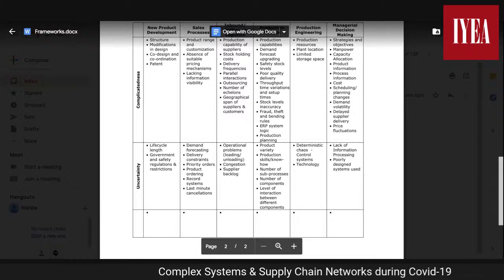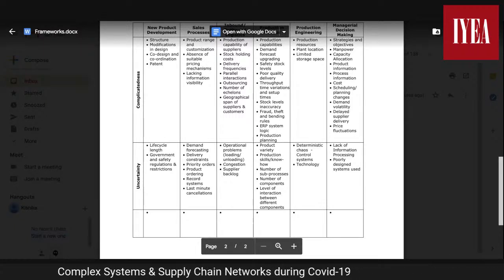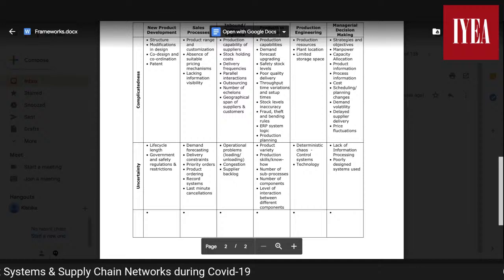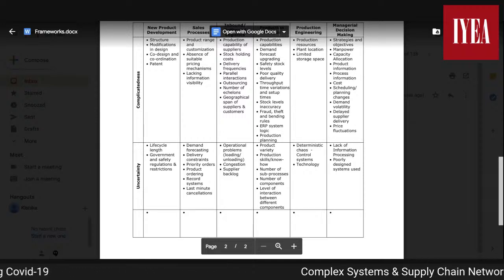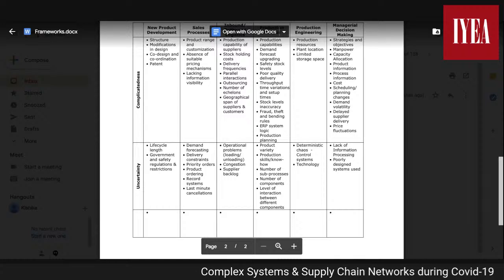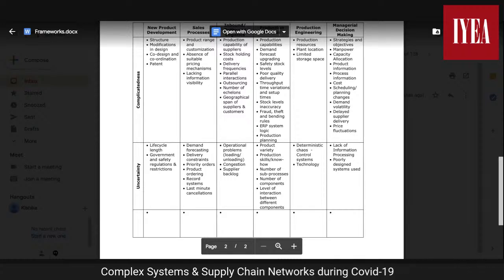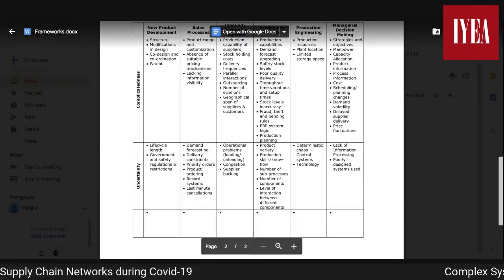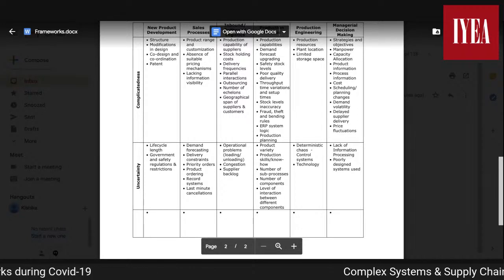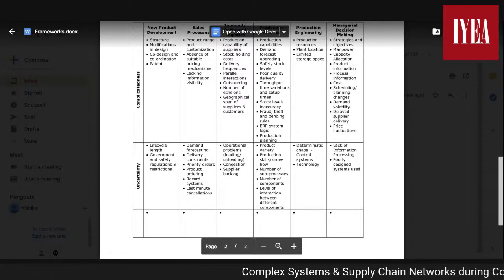And one very important mention I would like to make here is about logistics, inbound and outbound logistics. And this is something that we'll be referring to in context of the pandemic, because complicatedness and uncertainty relating to the logistics and transport has really contributed to problems within supply chains during the pandemic.